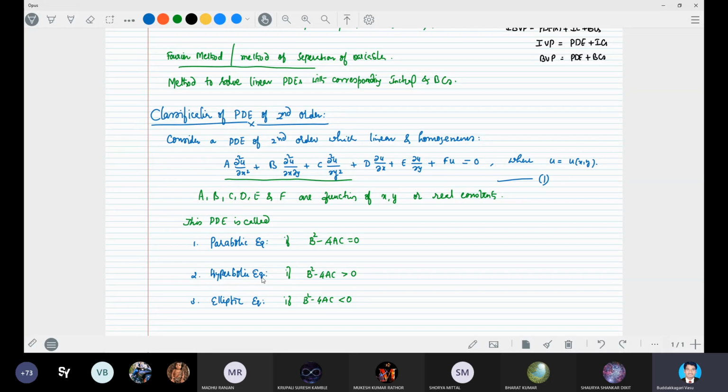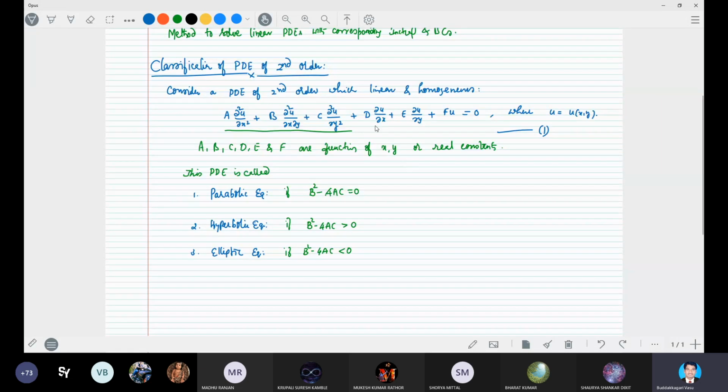Like that we can decide the nature of the equation through this classification. Here note that the lower order terms, that means first order derivatives, do not play any role in the classification of the equation.